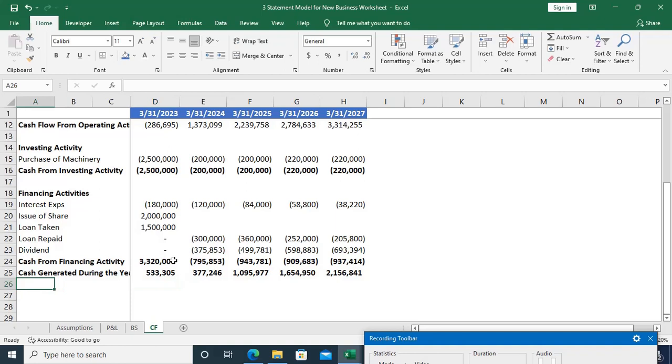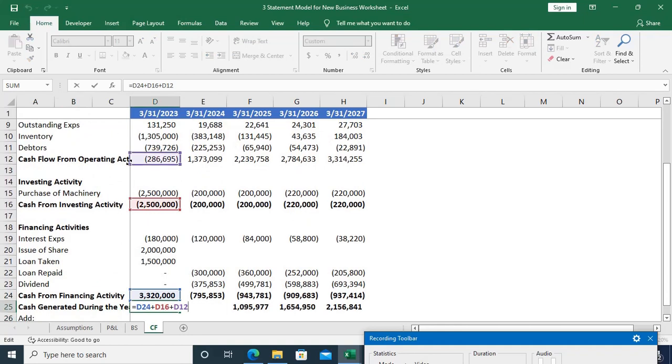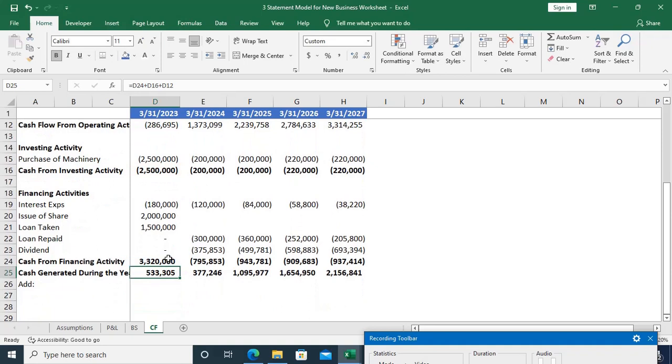This is the cash generated. I added in the cash generated part all the cash flow from operating, investing and financing activities. I have added them all.